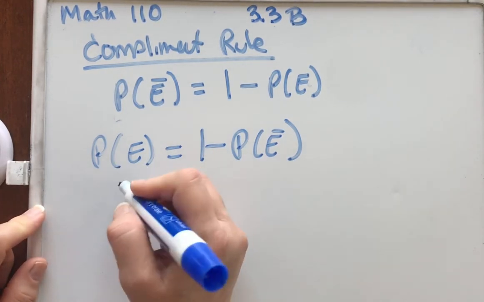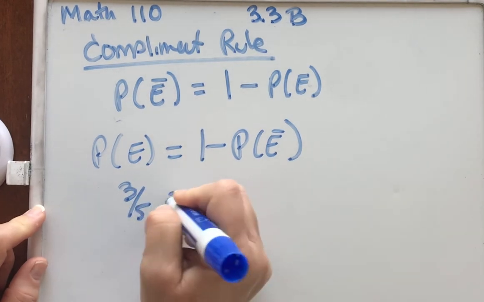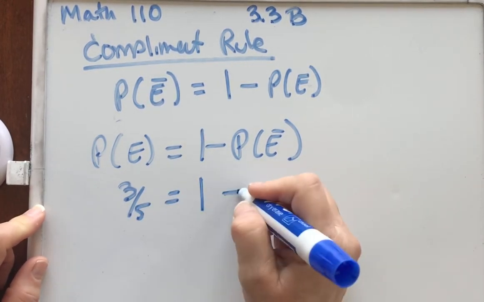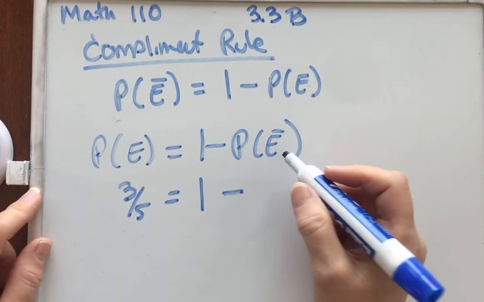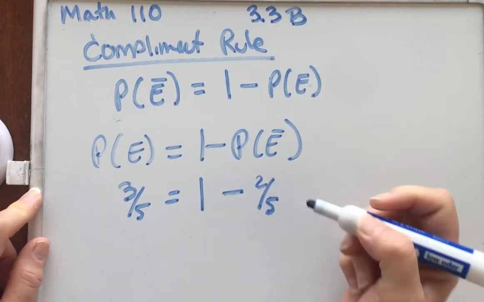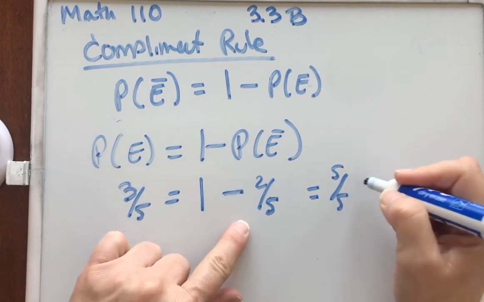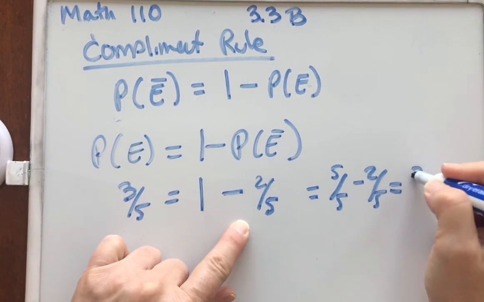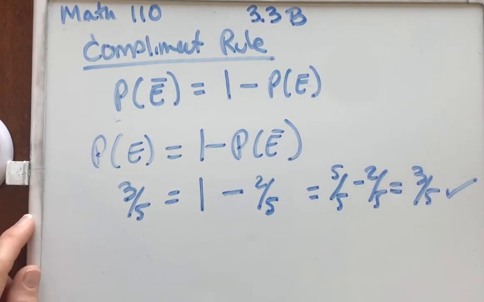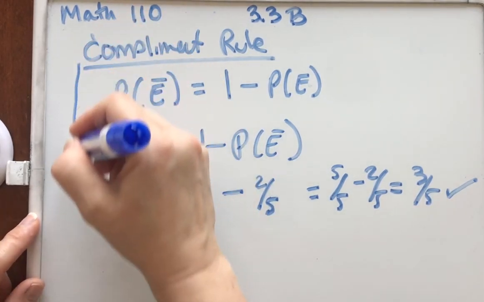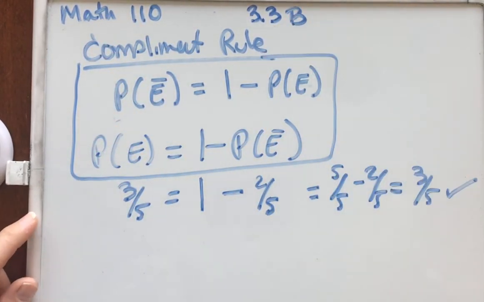Probability of event we said was 3/5. It should equal 1 minus the probability of the event not occurring, which we said was 2/5. And we notice if we change the 1 to a 5 over 5 minus 2 over 5, we get 3/5. So it checks out. So the complement rule, actually, we can go both ways on that, and it works.